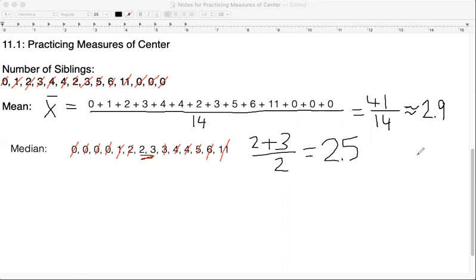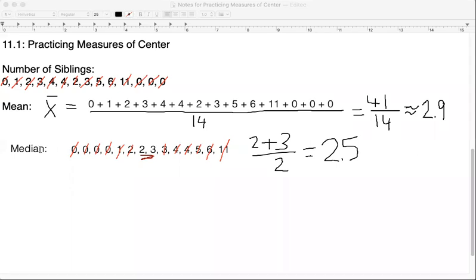If we have an odd number of data points, like if we didn't have that 11 on the end, then we would have crossed the 3 out and our middle data point would have been 2. So if you have an even number of data points, you average the two in the middle. Otherwise, you just find the exact number in the middle. In this case, we had to average 2 and 3 and got a median of 2.5.